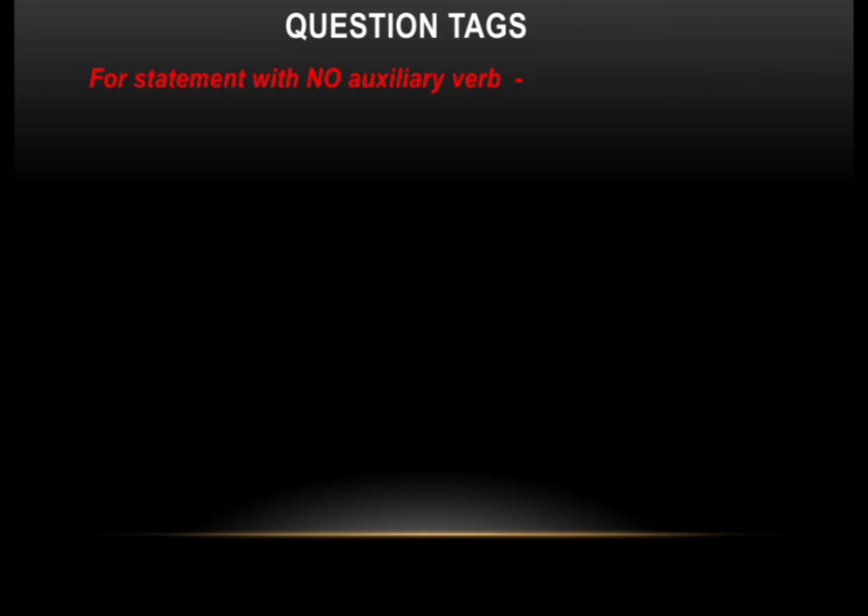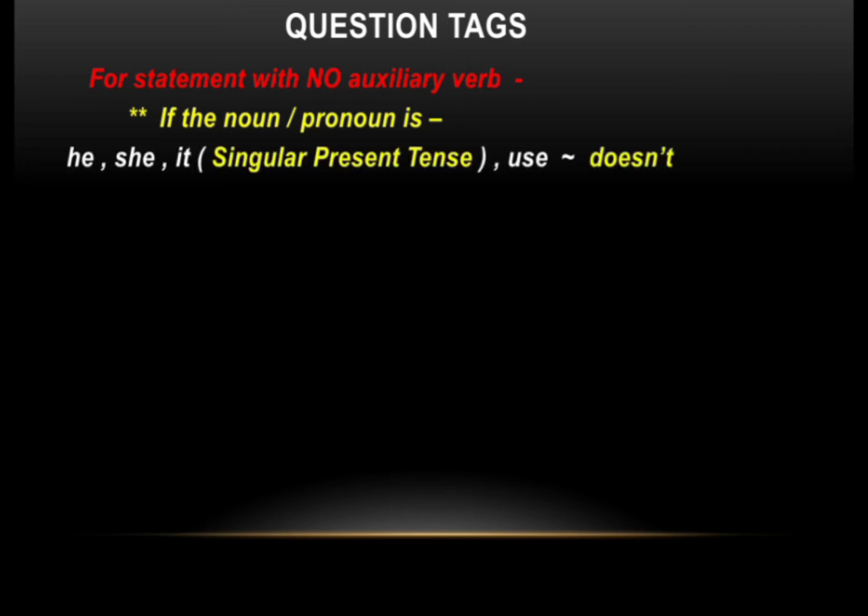For statements with no auxiliary verbs, there are certain statements in simple present tense and simple past tense which do not have an auxiliary verb. So, what do we do when the statement does not have an auxiliary verb? If the noun or pronoun is he, she, or it, that is singular present tense, we use doesn't.